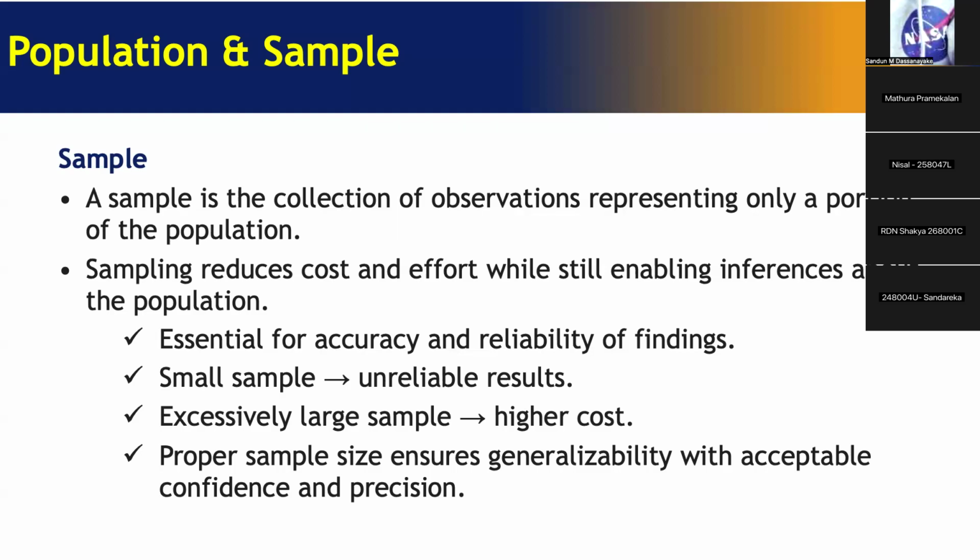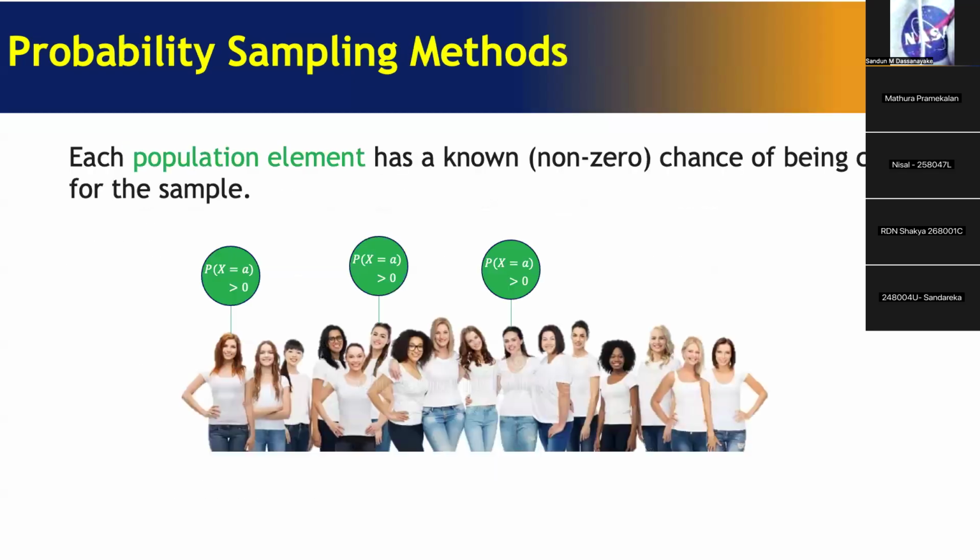All right, now we talked about the population, we talked about the sample, and the issue associated with sampling is probability, because when we have a sampling frame, we have to pick samples from that sampling frame, right? When we do that, we inherently have a probability to choose from.